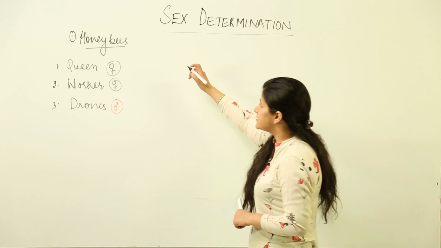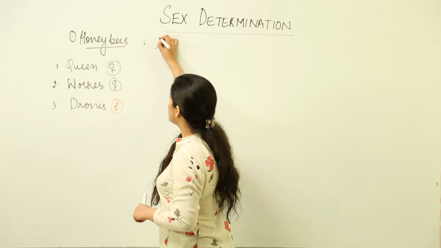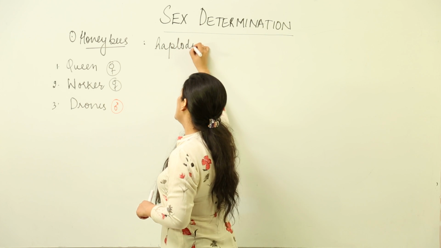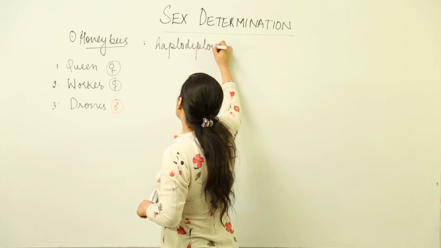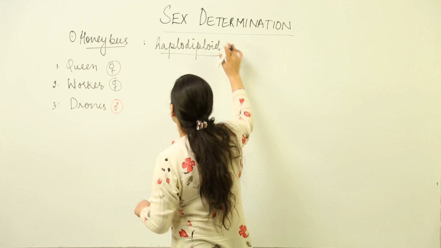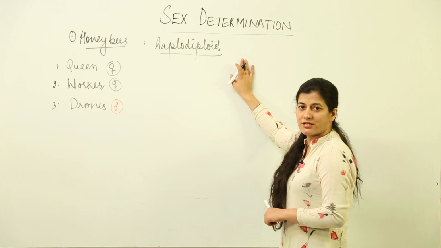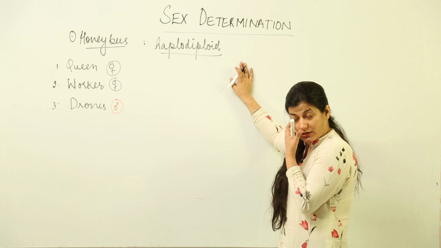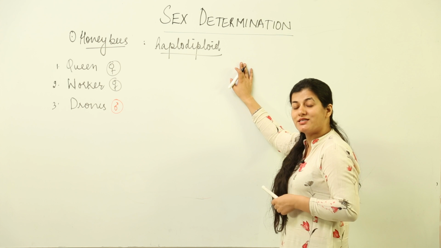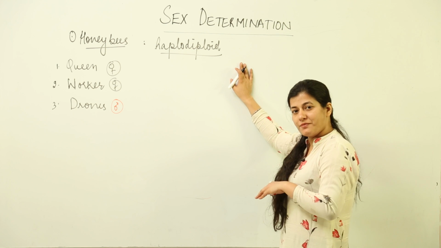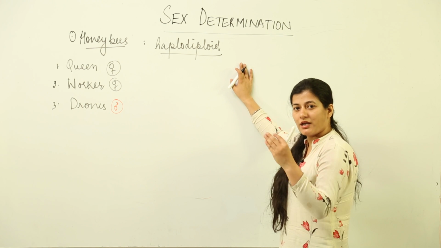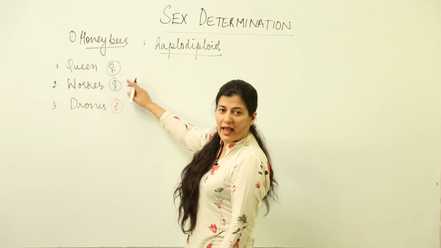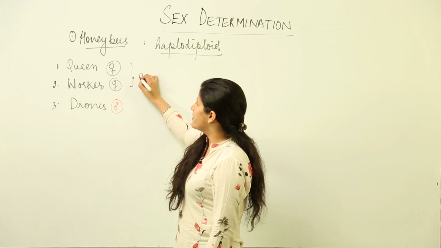Now the honeybees have a sex determination mechanism which is known as haplodiploid sex determination. What does haplodiploid sex determination mean? Whether the insect is haploid or diploid determines its character as a male or a female. Now this queen and worker, they are diploid.